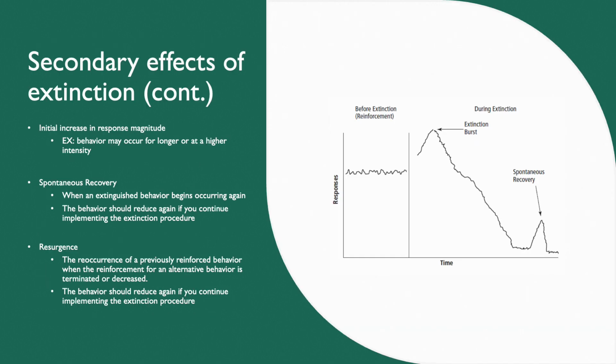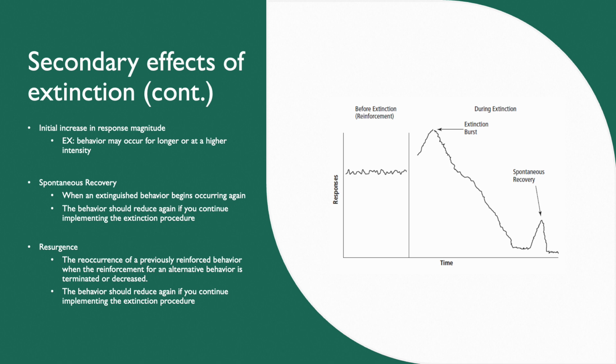Okay, so let's continue with the secondary effects of extinction. So I mentioned to you all the initial increase in response magnitude. The graph that was displayed on the previous slide was a duration graph, and it showed perfectly how a behavior can increase in duration.